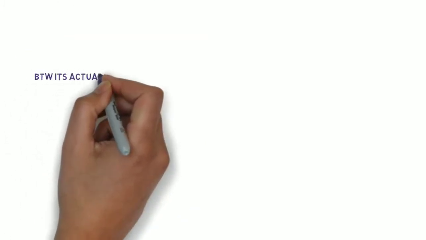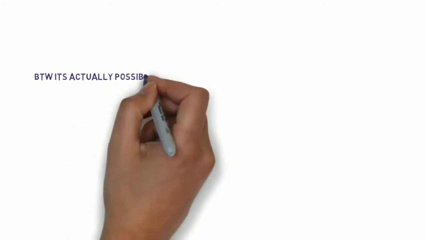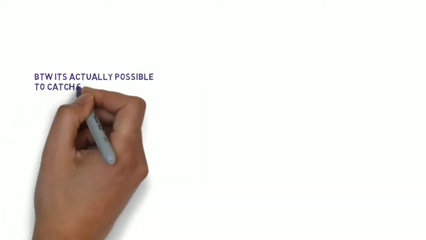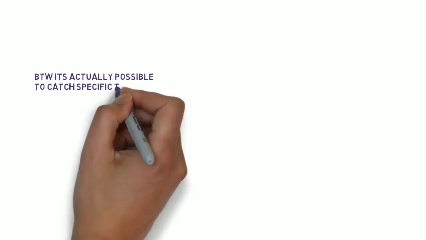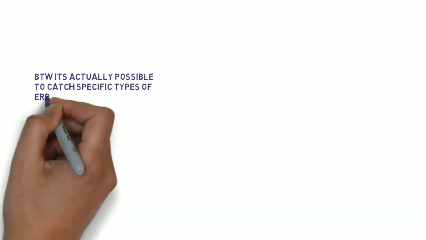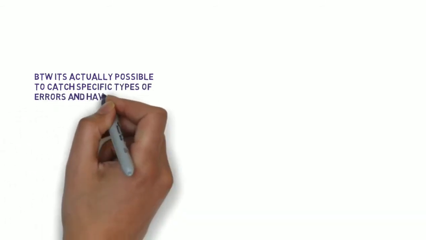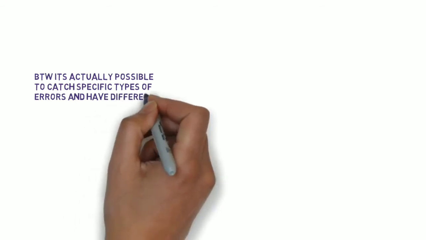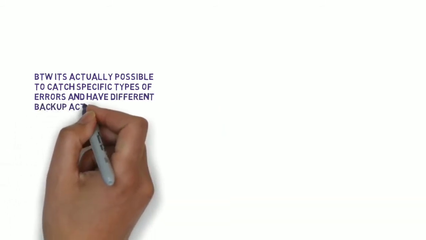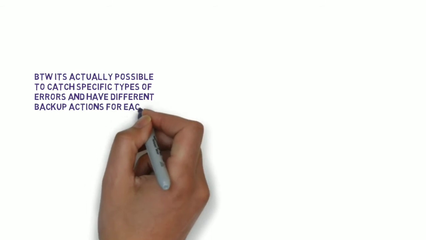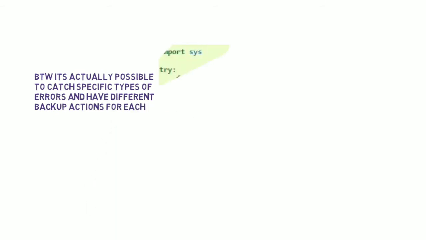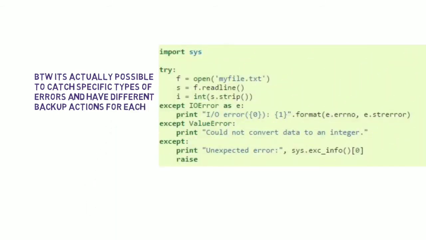It's also possible to catch specific types of errors. You can anticipate what types of errors your code might throw and have different backup actions for each of them. Let's take an example.